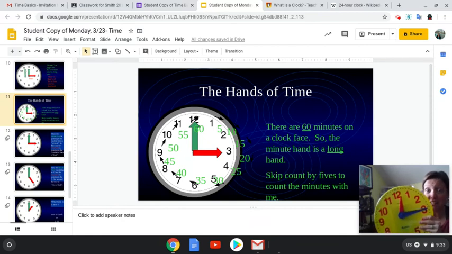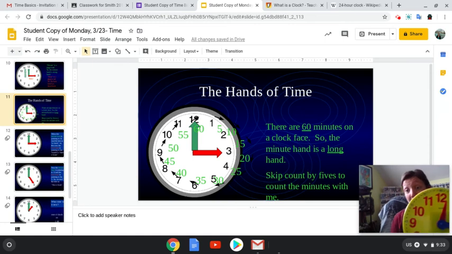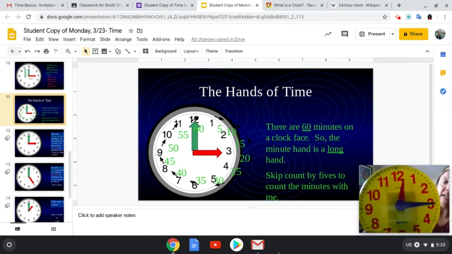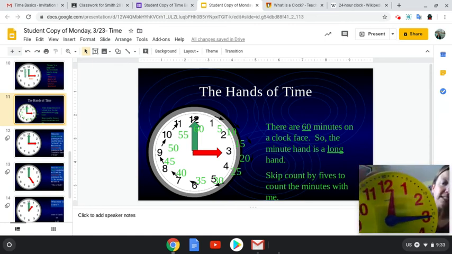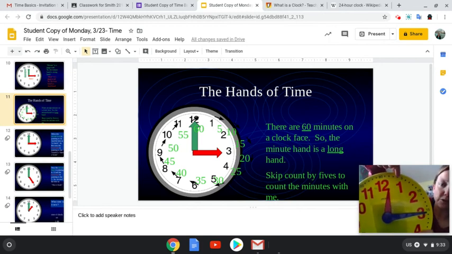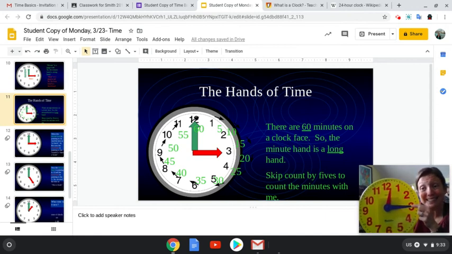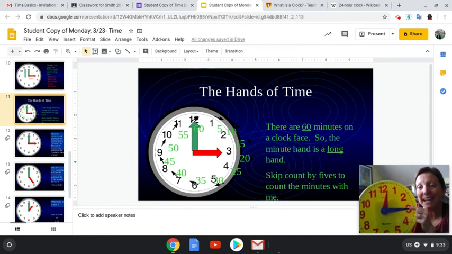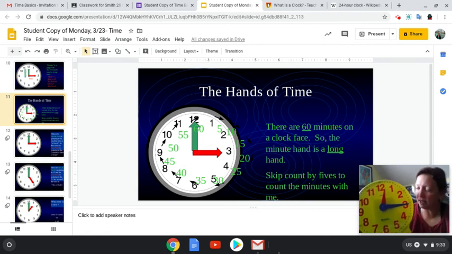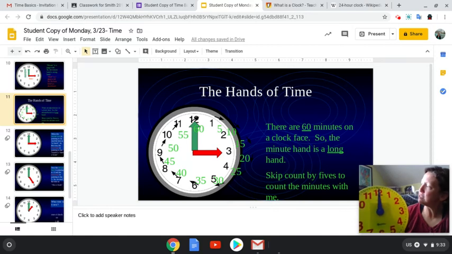As we've already discussed, there are 60 minutes on a clock face. If you look, all these little dots, these are those 60 minutes. So when we talk about our minute hand going around 60 times, it's counting each one of those minutes. Let's start here.